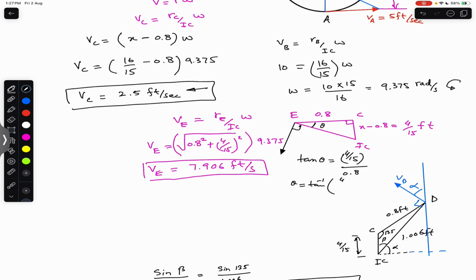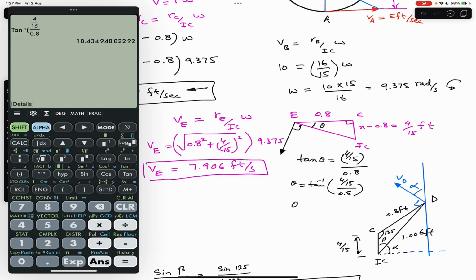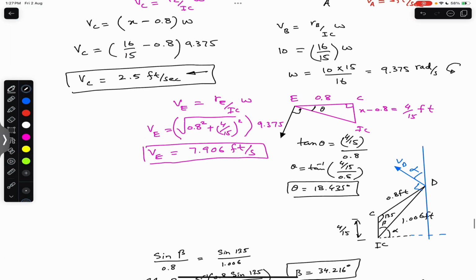So tan inverse of 4 divided by 15 divided by 0.8 gives us theta equal to 18.435 degrees. So if this is 90 degrees, then this VE is making 90 plus theta with the horizontal in the clockwise direction.